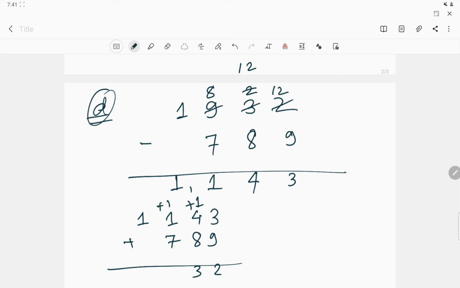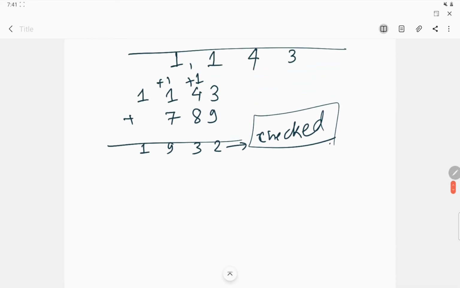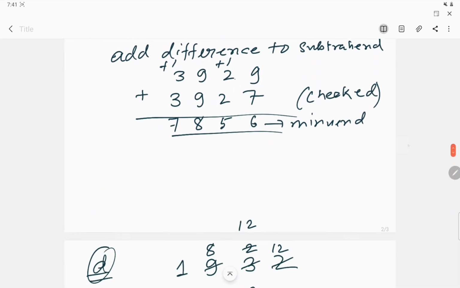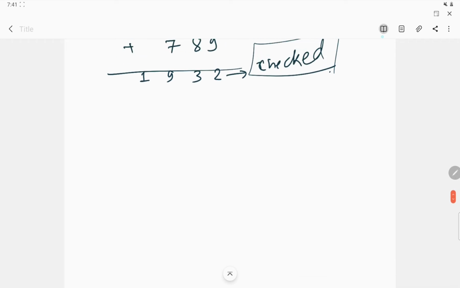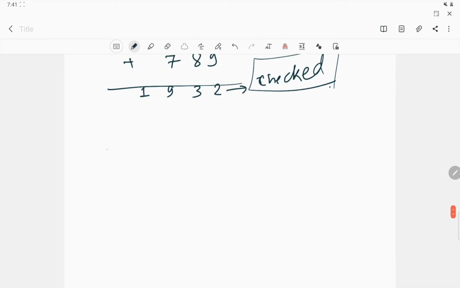Carry over 1. 7 plus 1 is 8, and 8 plus 1 is 9, and the left one is 1. So you will see it is our minuend. So it is checked, and the difference is right. Now we have solved question number A and D.